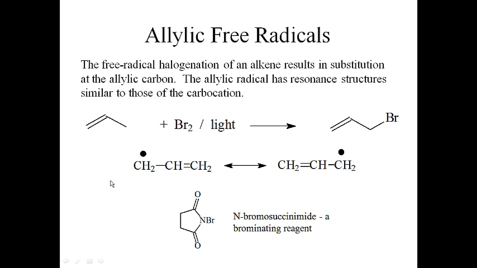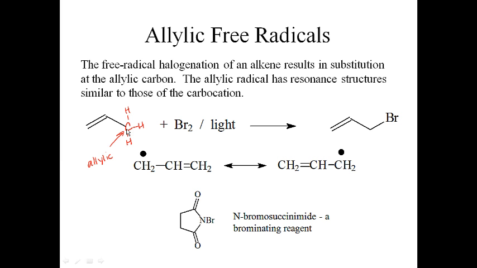Before we go to the reaction of dienes, we need to take a step back and look at a specific special position relative to a double bond. And that's the carbon that is attached to the double bond. This position is called the allylic position.